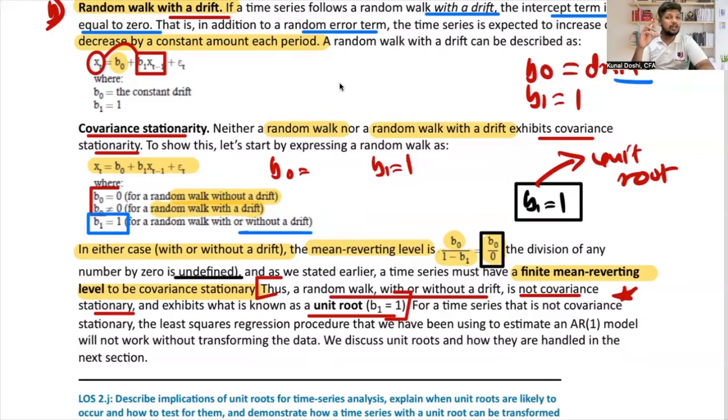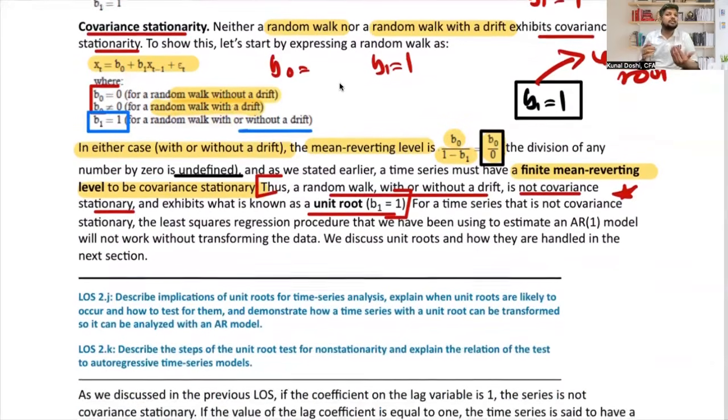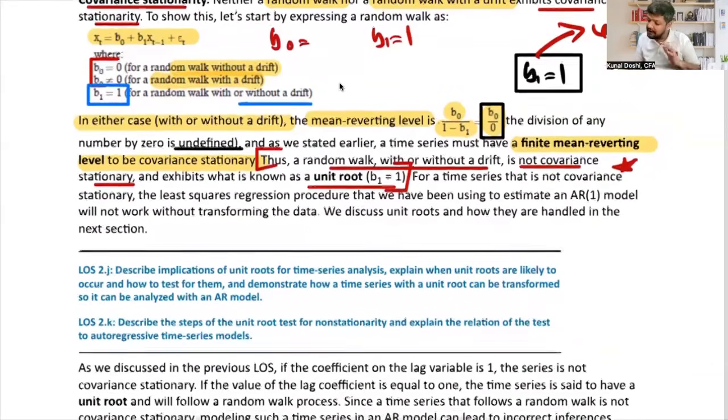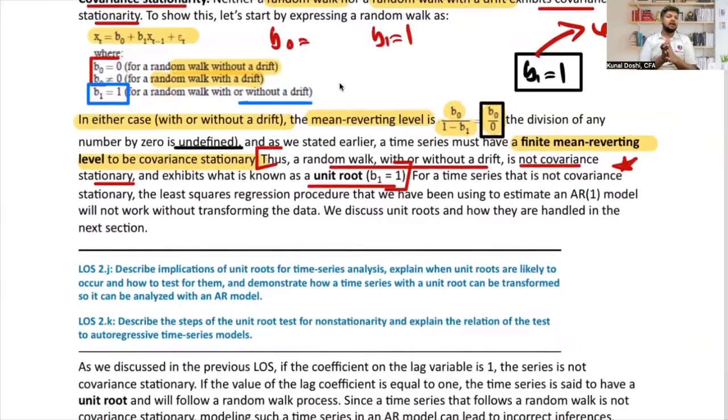Why is this model not usable? Because it has the problem called unit root. Due to this, should I not use this model? No, I can use this model. I can fix this problem. But first, let us understand how to test whether a model has a unit root. Remember, unit root means B1 is equal to 1.